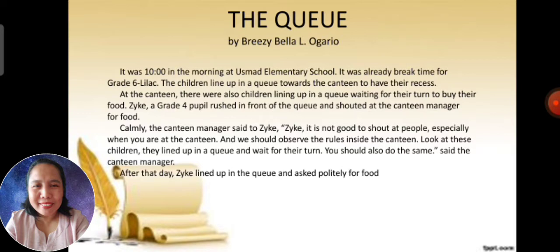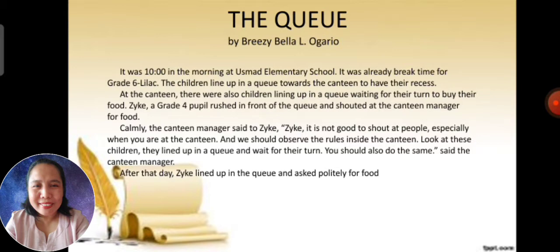At the canteen, there were also children lining up in a queue waiting for their turn to buy their food. Zaiki, a grade 4 pupil, rushed in front of the queue and shouted at the canteen manager for food.